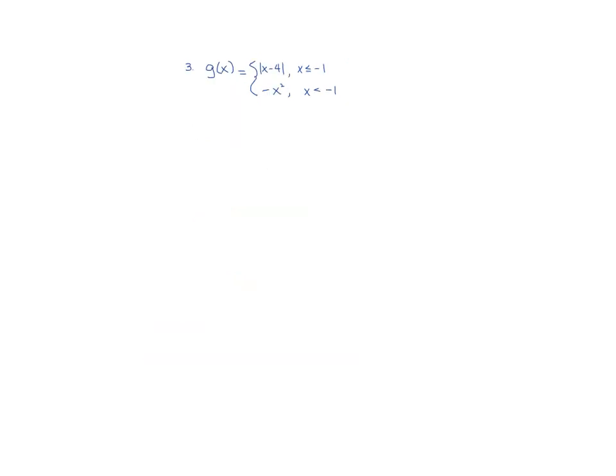One more piecewise example. This time I erased it, but they want you to find g of negative 1. So we're going to look to see which interval it is in. Notice this one is only less than negative 1, but this one is less than or equal to. So I'm going to use the top one.